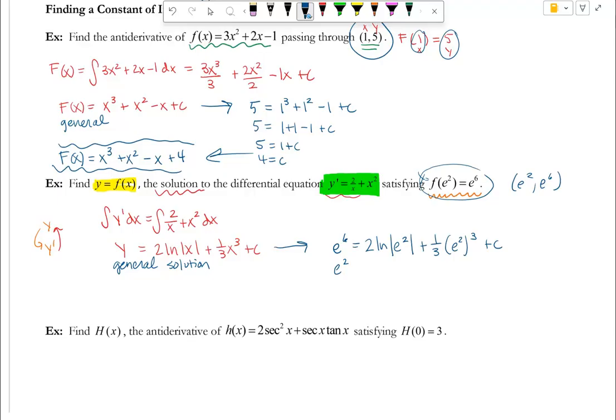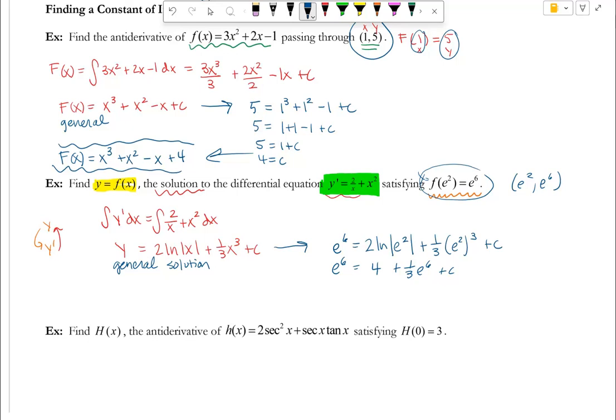All right, so, whoops, that was e to the 6th. First of all, e squared is a positive number, so I could drop the absolute value in that last step. The natural log of e squared is just 2, so 2 times 2 is 4. And then this becomes 1/3 e to the 6th plus c.